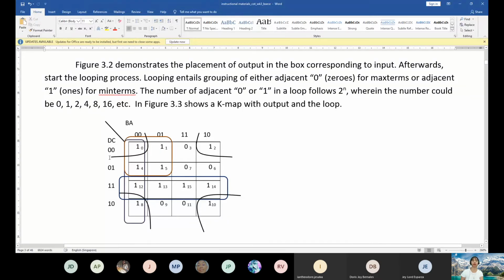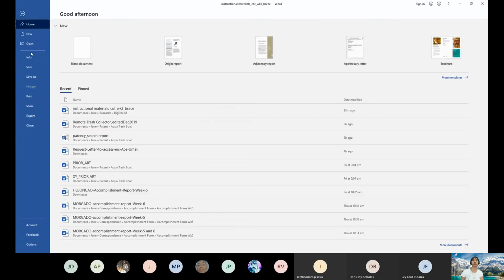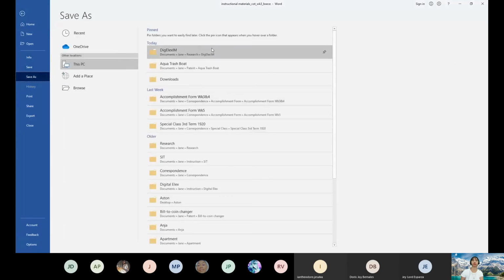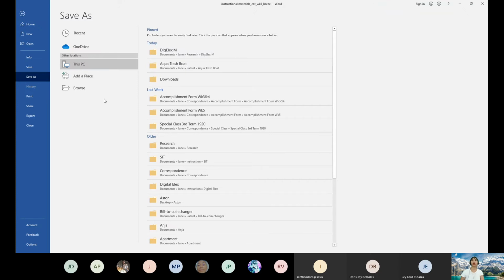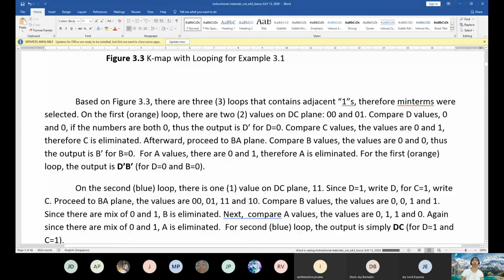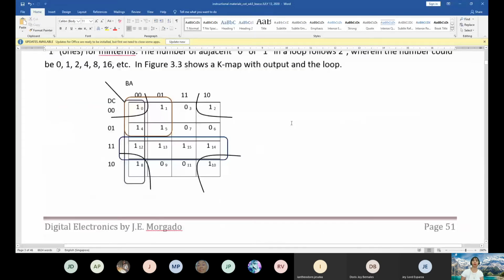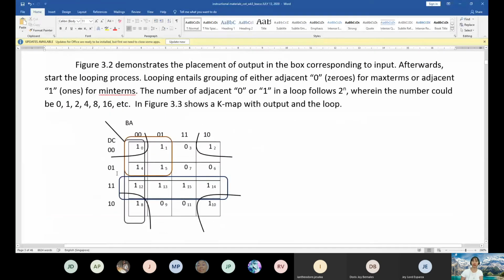So when we say D is 0, you write D prime. Okay. So C is eliminated while D is equal to D prime.